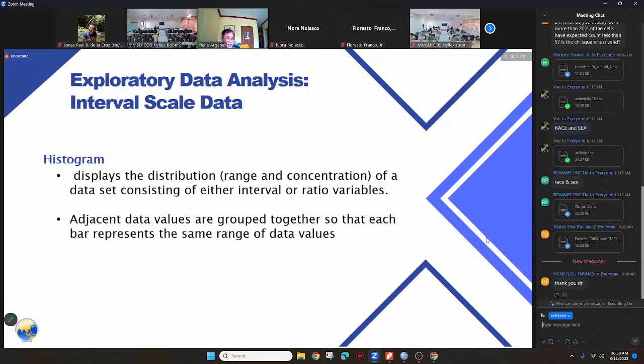We only have to specify the bin range, and then Excel will automatically give us the frequency distribution table. For IBM SPSS, we have to transform the data to be able to produce the histogram.